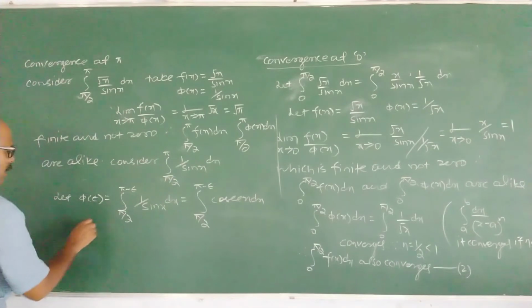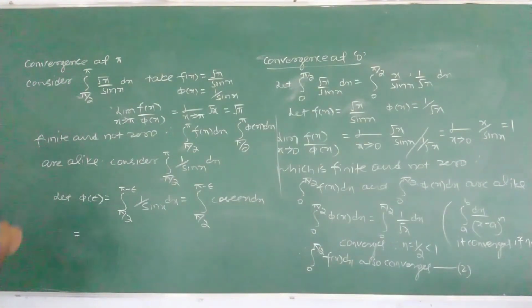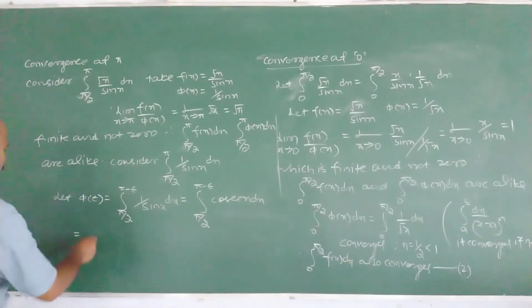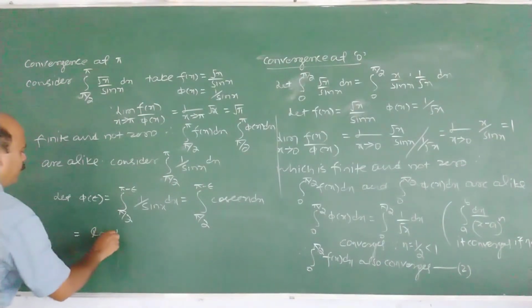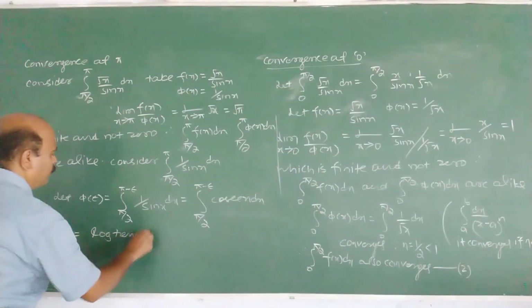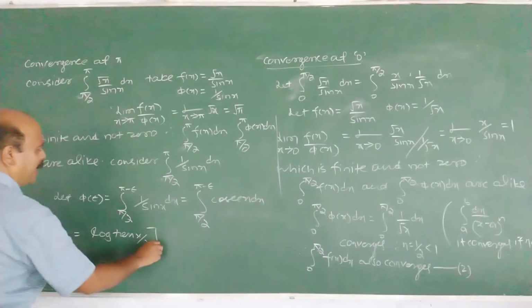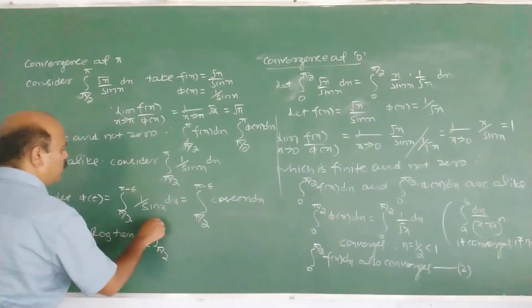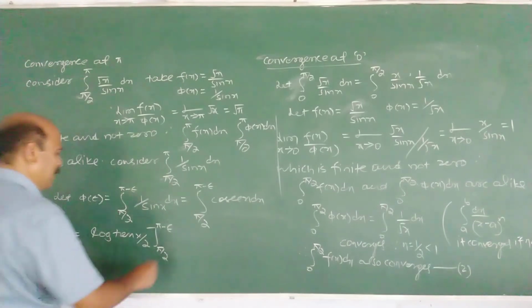And the integration of cosec x is log of tan x by 2, from pi by 2 to pi minus epsilon.